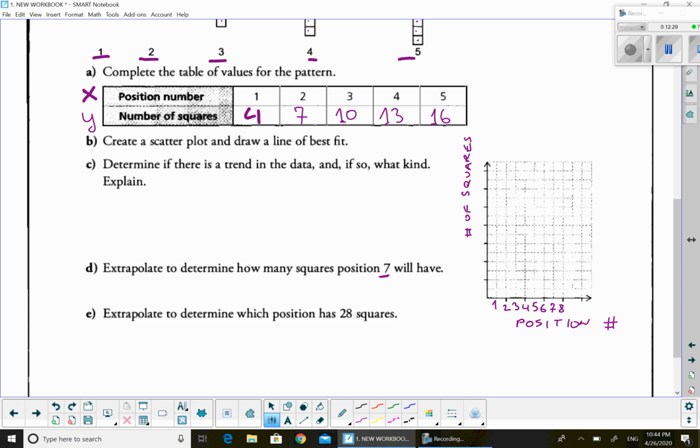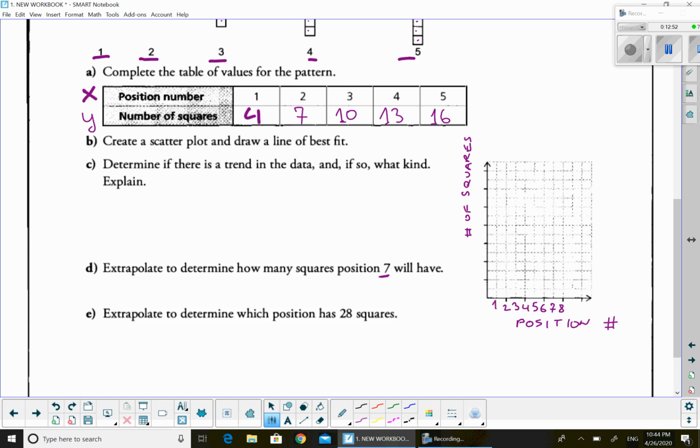All right. Number of squares goes from 4 to 16, but because I'll be estimating as well, I will kind of adjust that on the y-axis as well. So let's see how many we have here. 2, 4, 6, 8, 10, 12, 14. So that's no good.